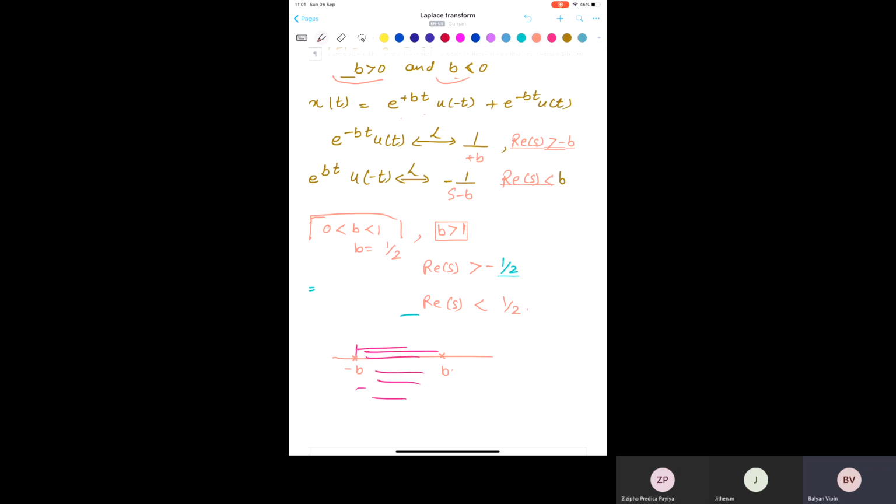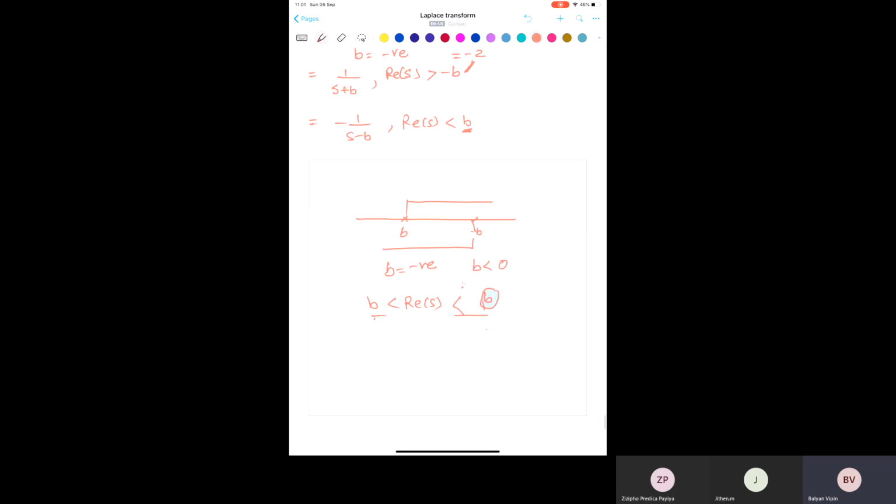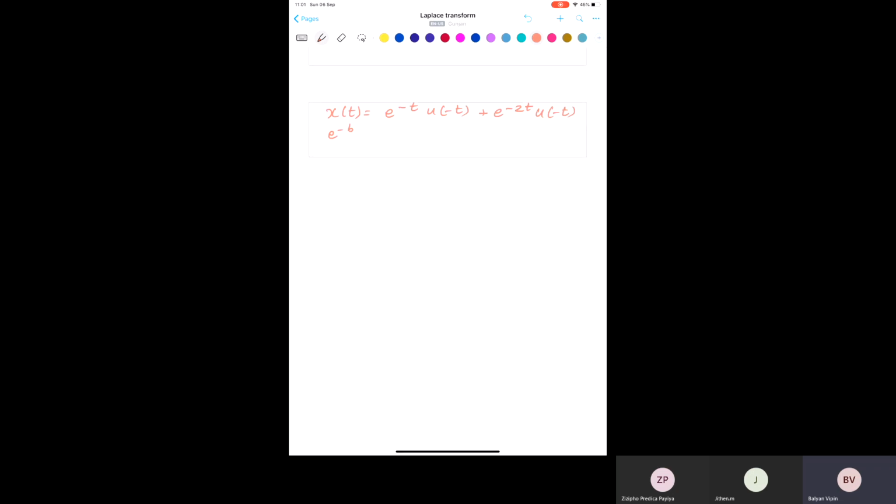Now in this example we have minus bt. You need to solve these yourself. The Laplace transform will be minus 1 upon s plus b.